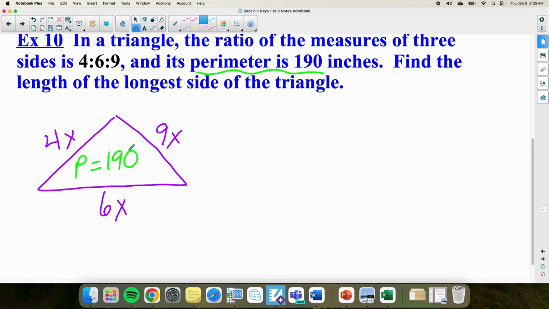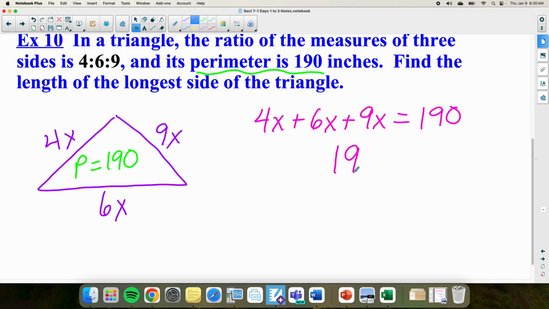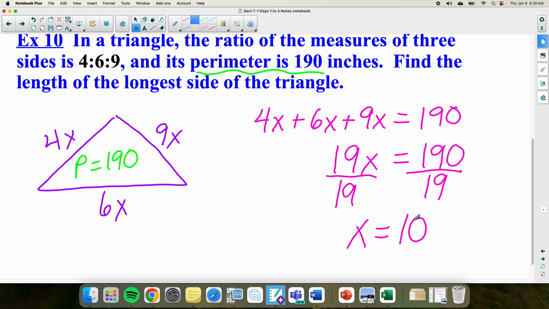Anyone know how we could write an equation for that to solve it? What does perimeter mean? Add the sides, right? So I could add 4x plus 6x plus 9x, and that would equal 190. Now, 4 plus 6 is 10, 10 plus 9 is 19x. Then I divide by 19, and x would be 10, okay?